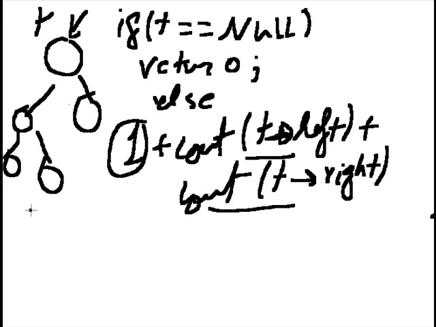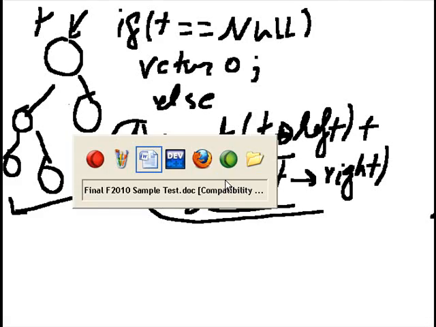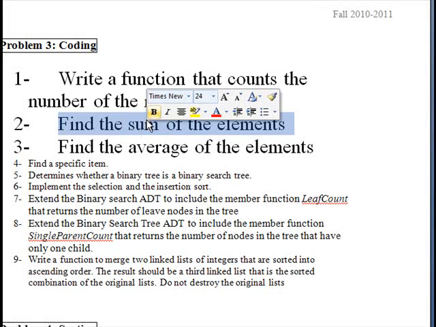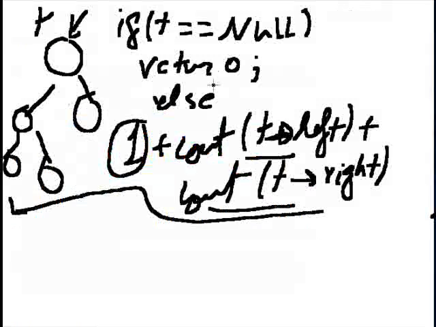So it's very easy. It's like the factorial, it's like adding the elements of an array. It's like so many recursive functions we have seen even in programming 1. So this is number 1. What about finding the sum of the elements?